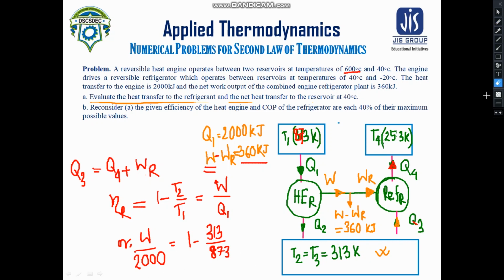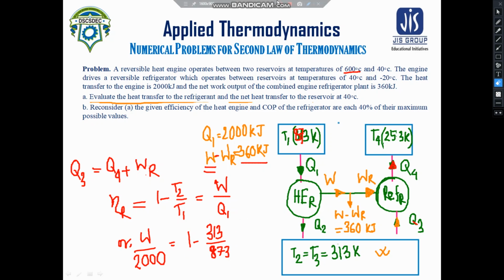So calculating this, you can easily find the value of W. Okay, I'm sorry, you can find out the value of W. How can you find the value of W?